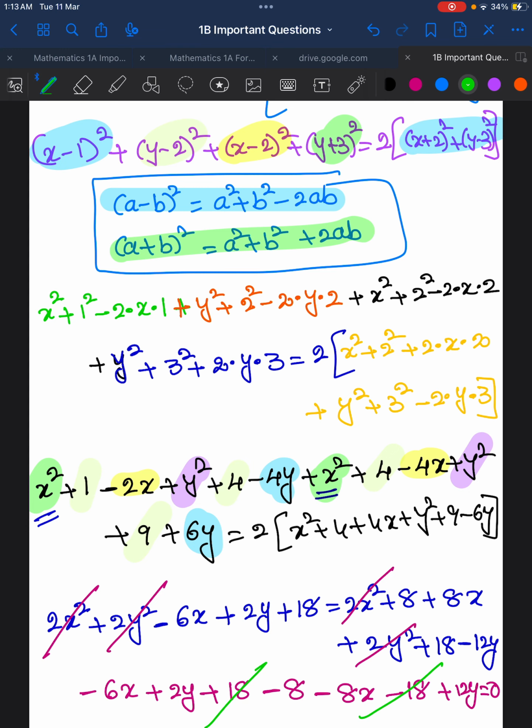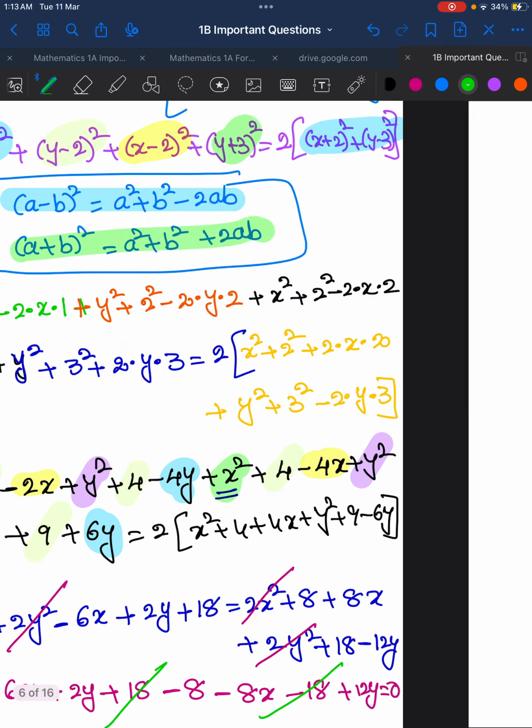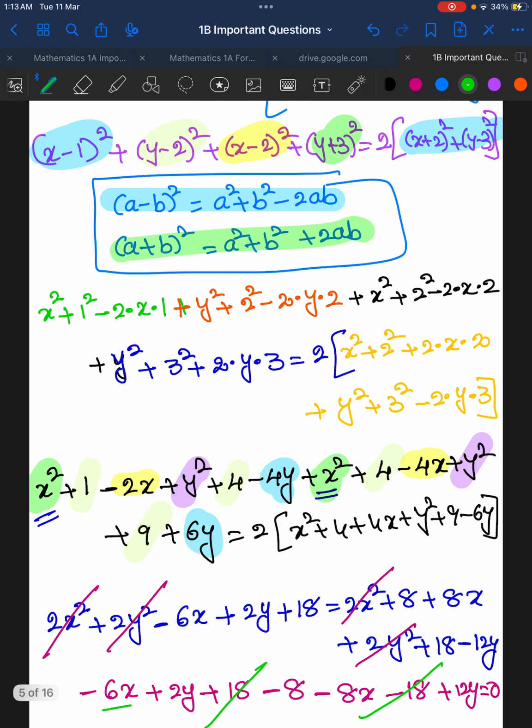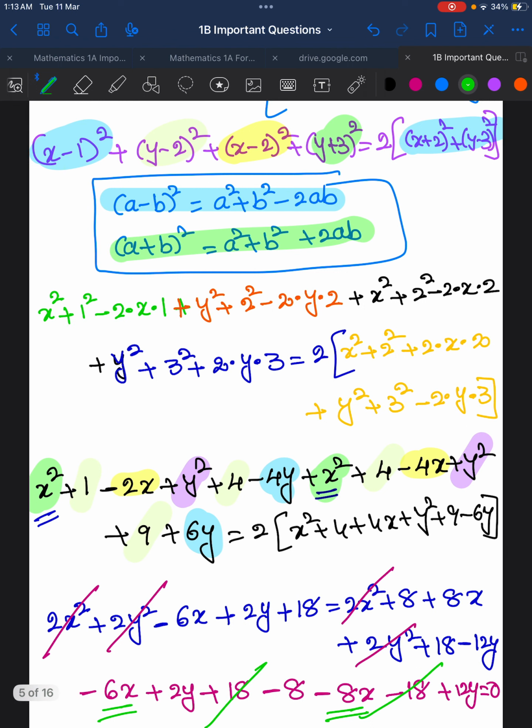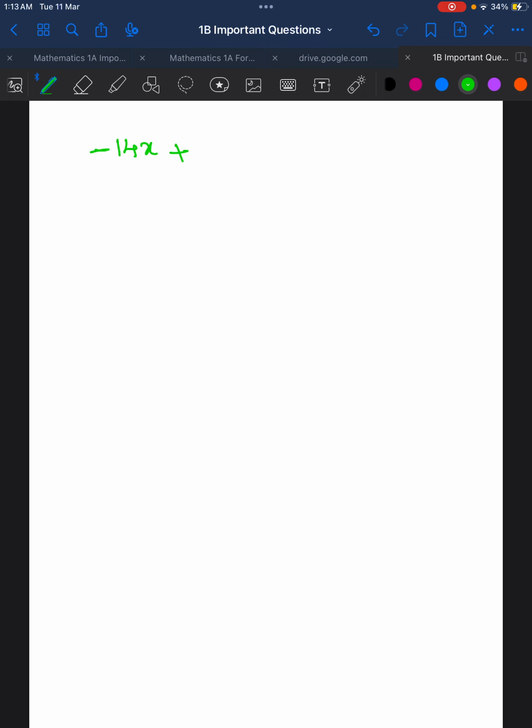Now I have to finish the problem in a few steps. What are we left with? Minus 6x minus 8x. What will it be? Minus 6 minus 8, minus 14x I got. Next, y terms, plus 2y plus 12y. It will be 14y.